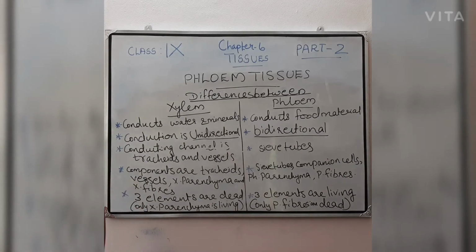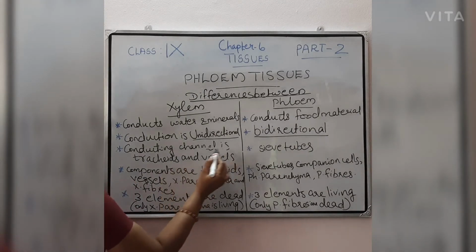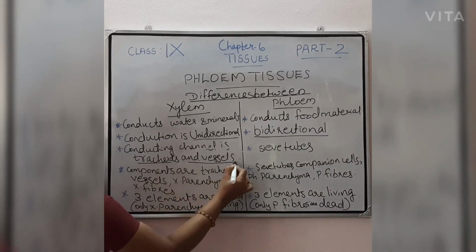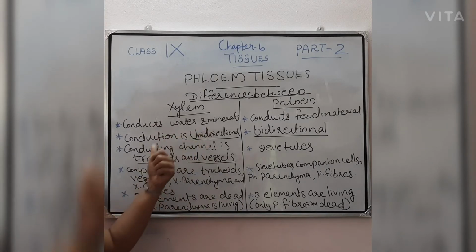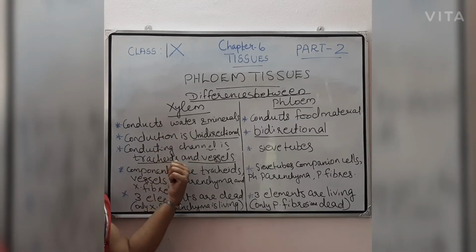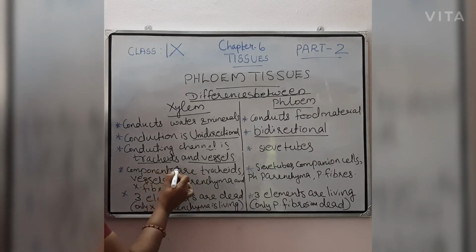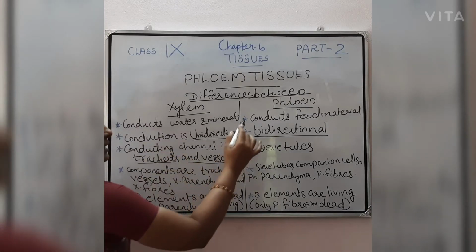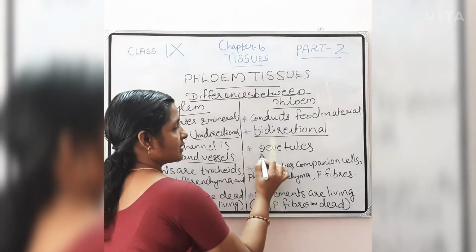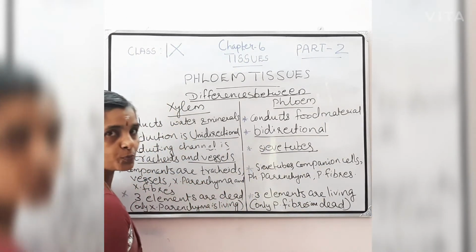The third one is the conducting channel. Water and minerals are conducted through tracheids and vessels. Even though the other two elements are also present, the conduction occurs through tracheids and vessels. But in phloem, food materials are conducted mainly through the sieve tubes.